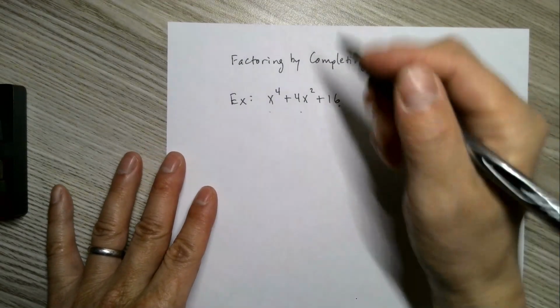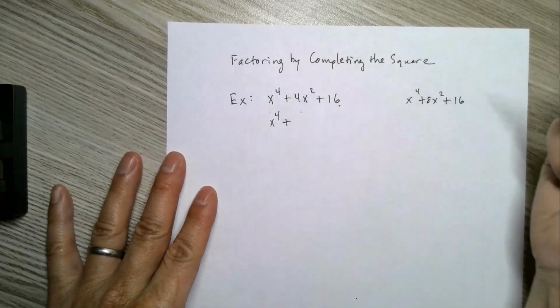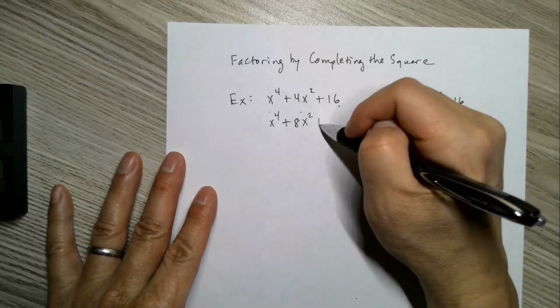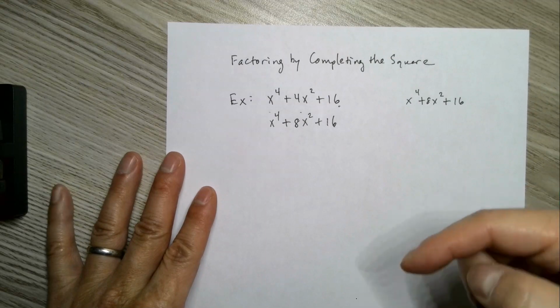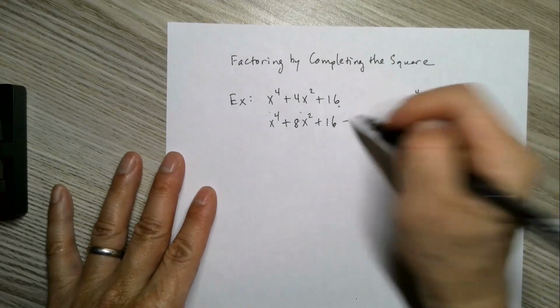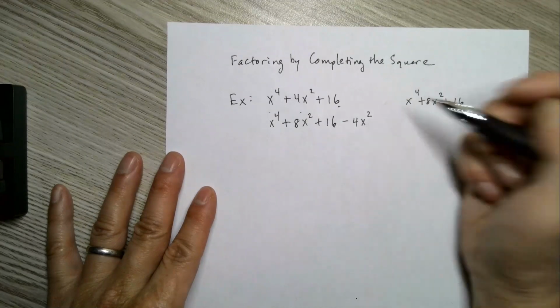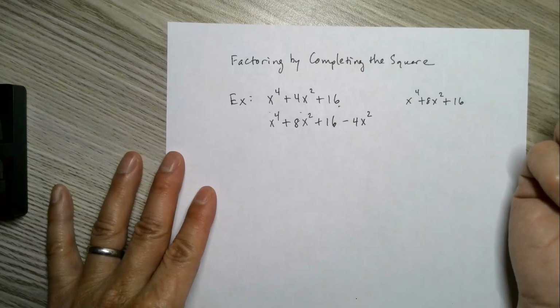But I have the power to make it 8x squared, as long as I compensate by taking away 4x squared. This is the completing the square step.